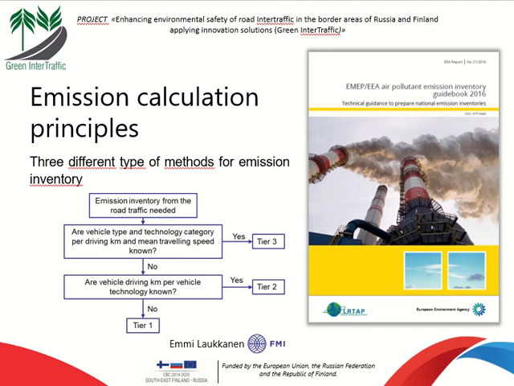Which one should we choose then? The answer depends on the available input data. While the Tier 3 method needs the most accurate information, Tier 1 is a rough estimate with less information from the road and the country. In Finland, we usually choose the Tier 3 method since we have quite a lot of data available, and luckily it's openly available as well.